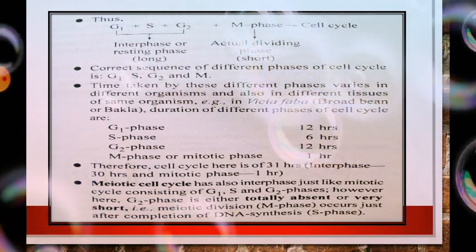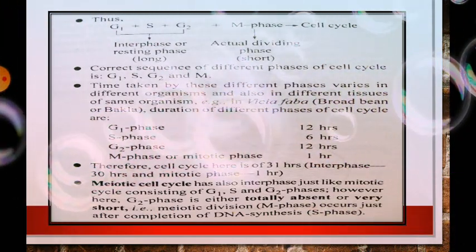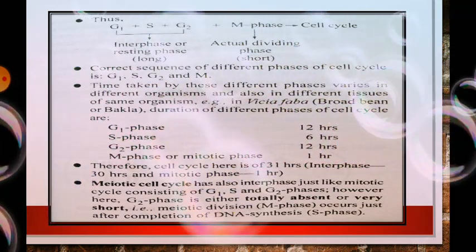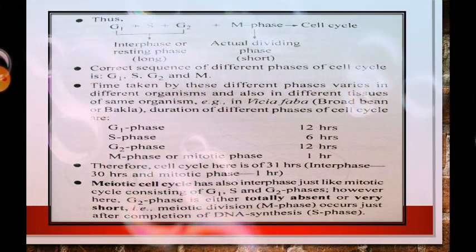After that, the cell comes to the M phase, where actual cell division occurs. So the correct sequence of the different phases of the cell cycle is G1, then S, then G2, then finally M phase.